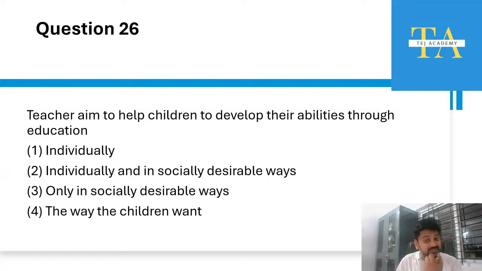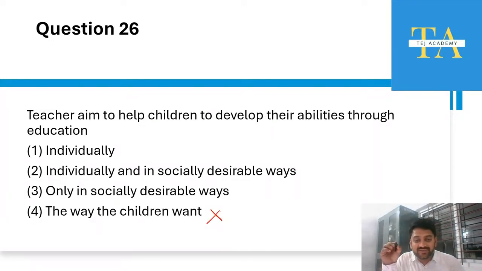Teacher aims to help children to develop their abilities through education. Education individually, or individually and in socially desirable ways? Only in socially desirable ways, the way the children want? Majority of you are opting for 4. No, the way the children want is not the criteria.